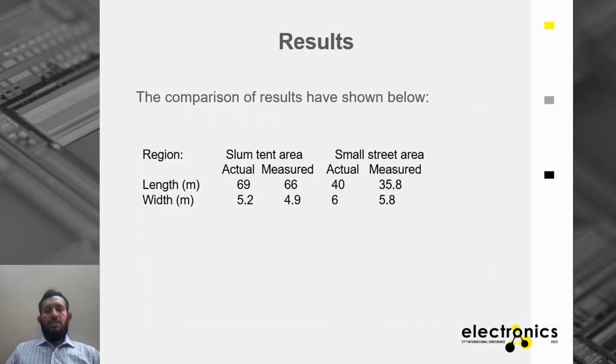After that, we compared all these results which we have developed. Our accuracy is around 92 to 93%, and you can see all the results mentioned here for the slum tent area and for the small street areas.